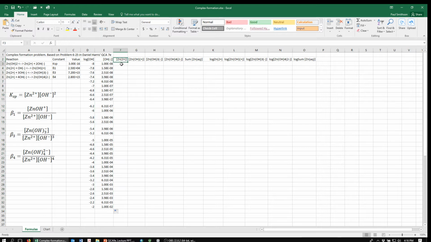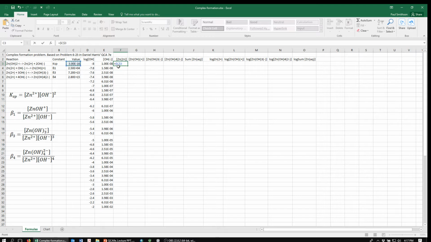So our zinc ion is controlled by KSP. So that's going to be equal to my KSP value, and I want to keep that there. What we'll do is make this an absolute cell address. I can do that by typing in $ signs or hitting F4. To explain that a little bit, the $ sign makes it not move in that direction.